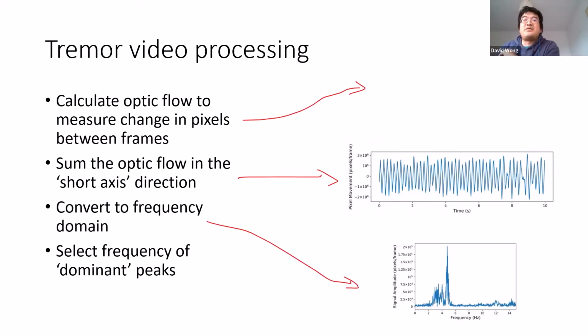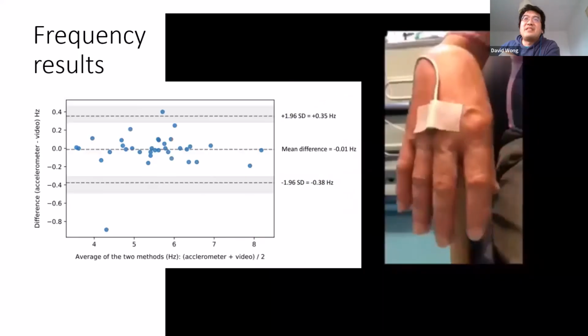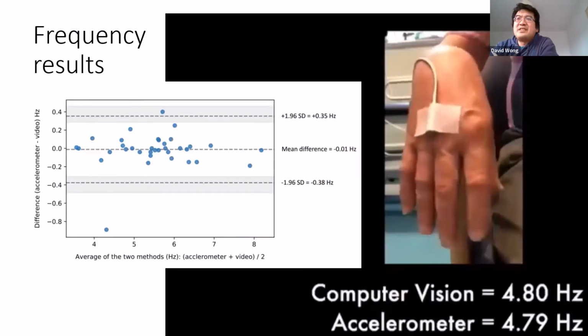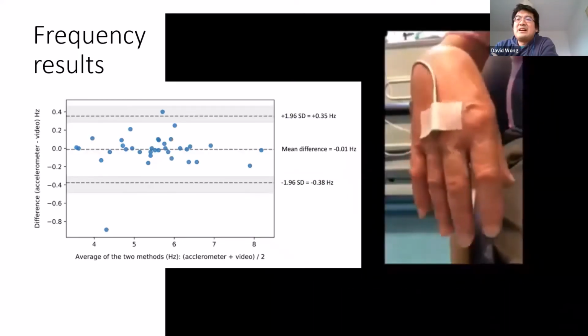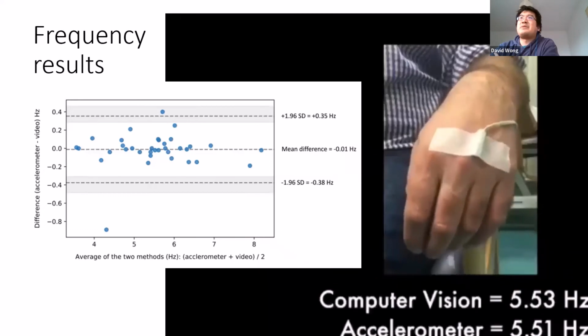And finally, we identify the dominant peak. And as you can see here, we've applied it to our videos. And you can see the difference between an accelerometer, a medical grade accelerometer, and our computer vision method.